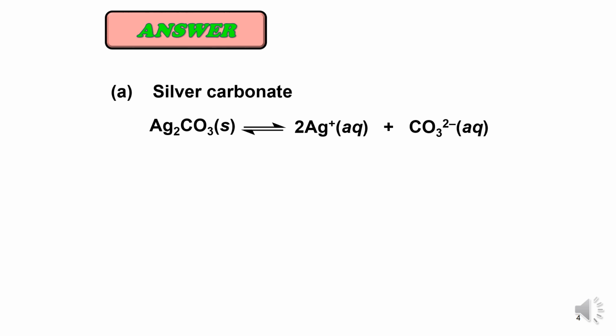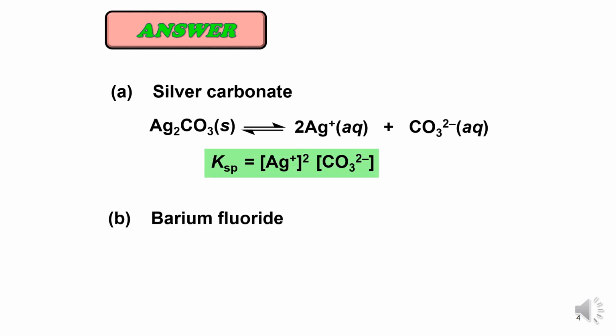We must balance the equation according to the stoichiometry. Next, we write the solubility product: Ksp equals [Ag+] to the power of 2 times [CO3 2-] to the power of 1. That we call the Ksp.